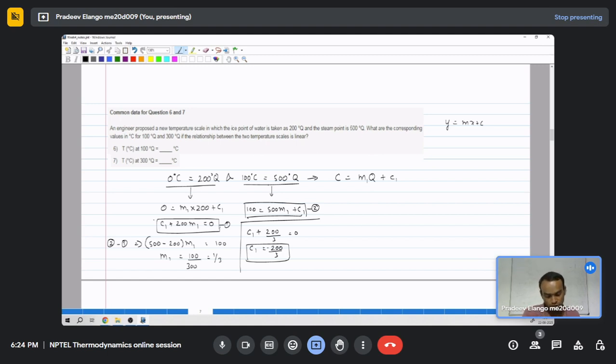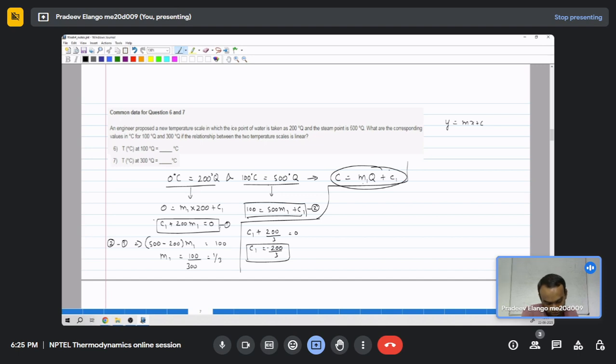Then we can also cross verify if this satisfies. When it is 0 degree Celsius we have 200 as Q, and m1 is 1 by 3, so 200 by 3 minus 200 by 3 will get cancelled.